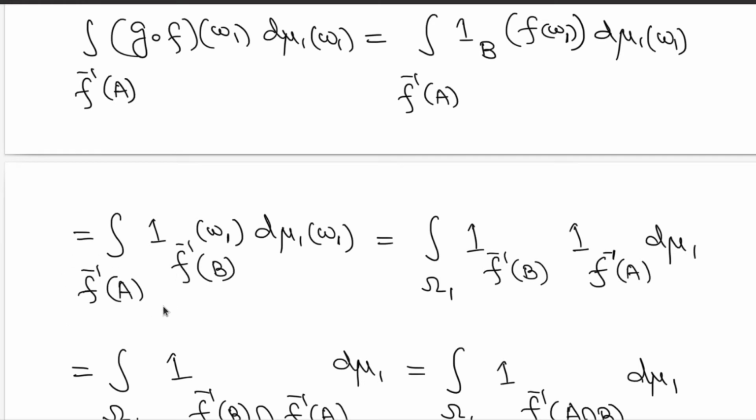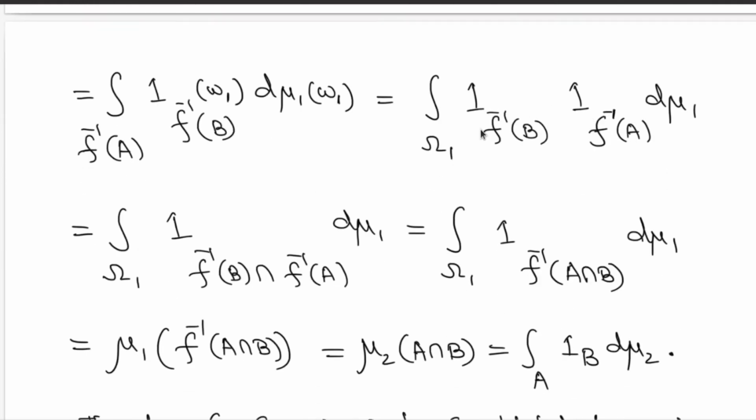But then the integration is over the set f inverse of A. So if you put in the definition for integrations like that, then all you have to do is to look at the integration over the whole set and multiply by the appropriate indicator of that set. So earlier the integration was over f inverse of A, you just brought in this indicator of f inverse of A and you could now do the integration over the whole set omega 1.